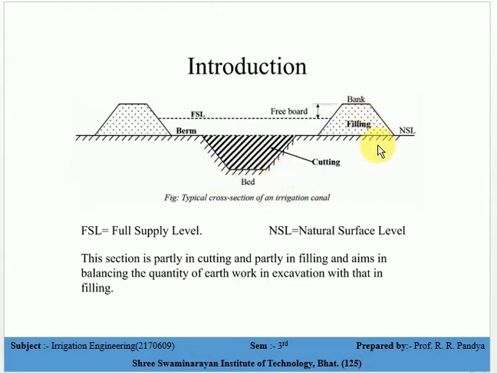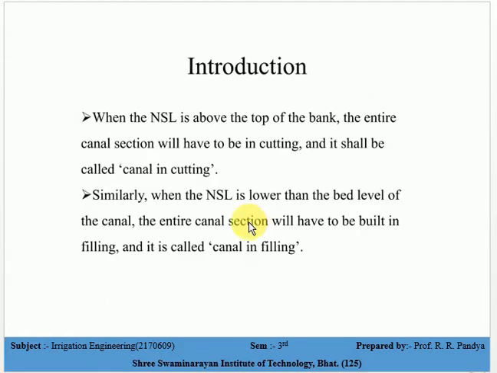If the NSL, meaning the natural surface level, is below the bed level, then the entire section is considered as a filling. Filling means embankment level, cutting means canal level. So it is as simple as this. Hope you can understand what I am going to tell you.